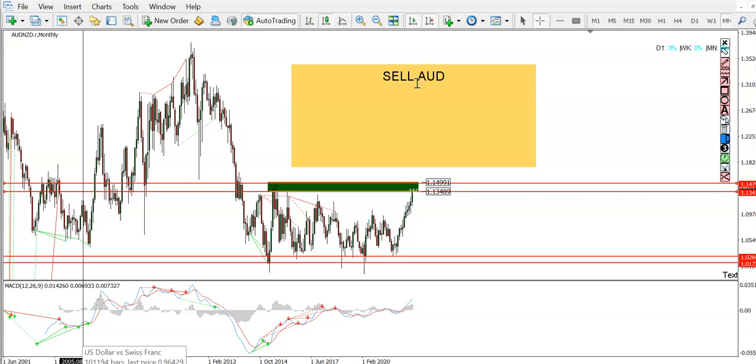So it's sell AUDNZD on first MACD divergence signal on daily or 4-hour chart above 113,400.